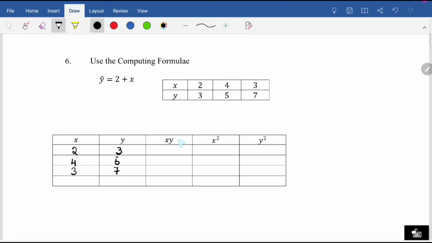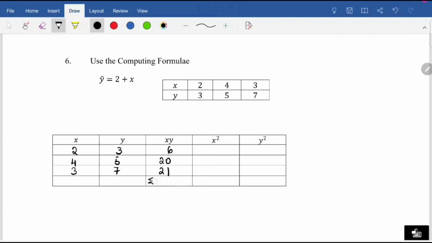Now in the third column, all we do is multiply our x and y values. We are using the computing formula this time. So 2 times 3 is 6, 5 times 4 is 20, and 7 times 3 is 21. So we sum them up.